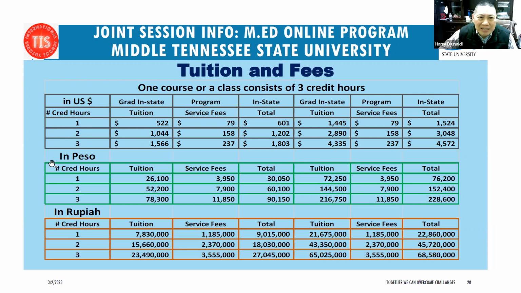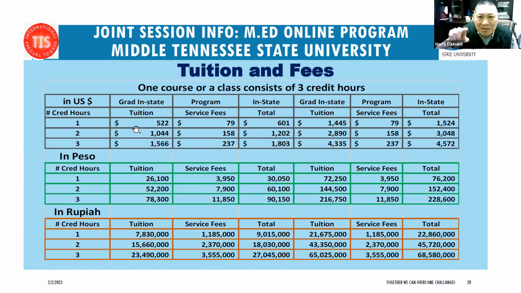And then on the other side, you see grad in state. Dr. Hoover or Dr. Craig can explain what is meant by in state, out of state, and for international students, which is on the right side.